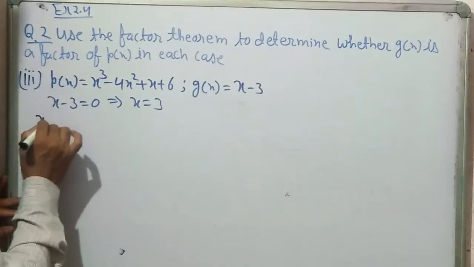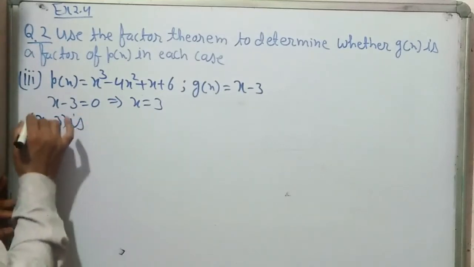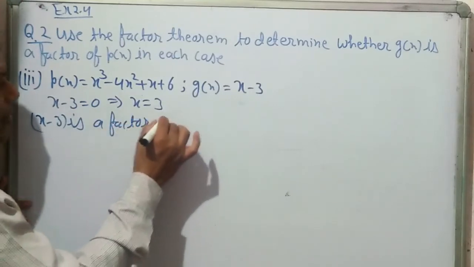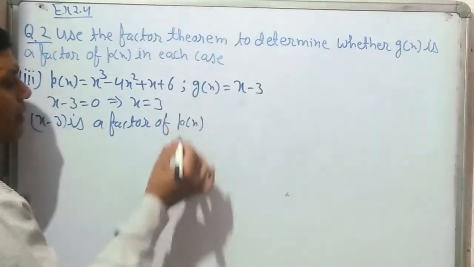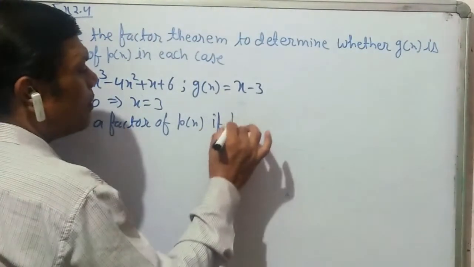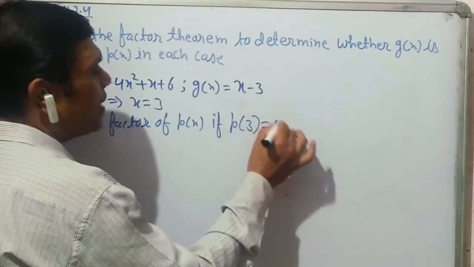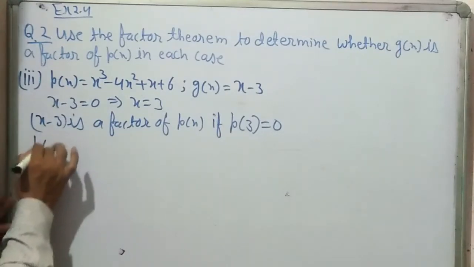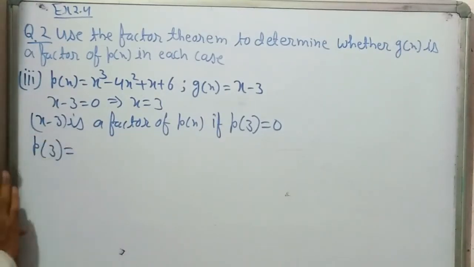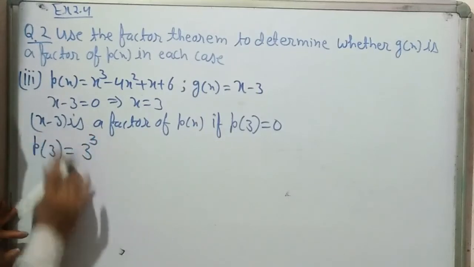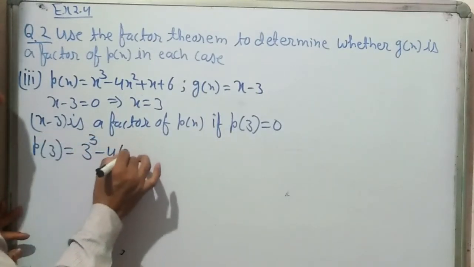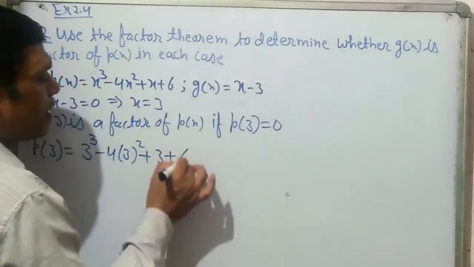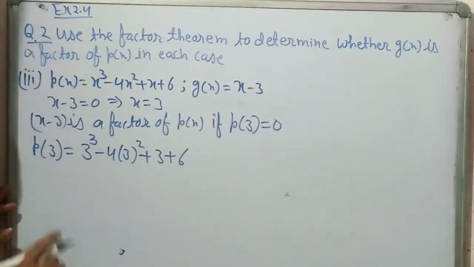That means x minus 3 is a factor of p(x) if the polynomial's value at 3 is 0. We'll check it. The polynomial's value at 3 will give us 3 cube minus 4 multiplied by 3 square plus 3 plus 6.